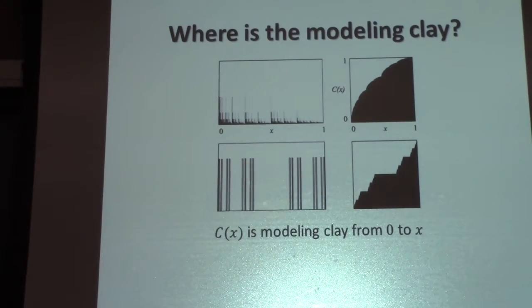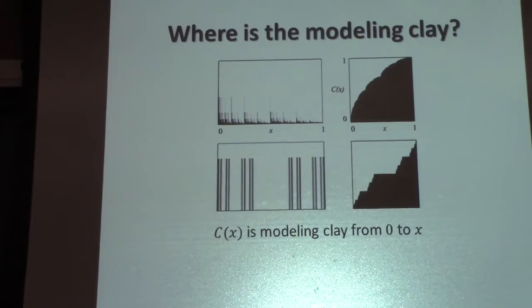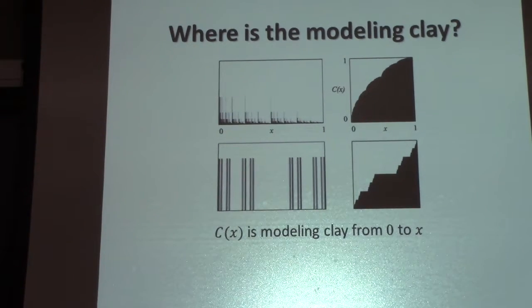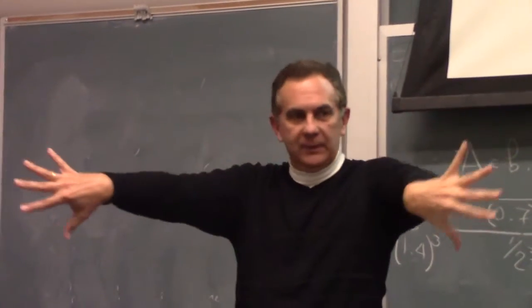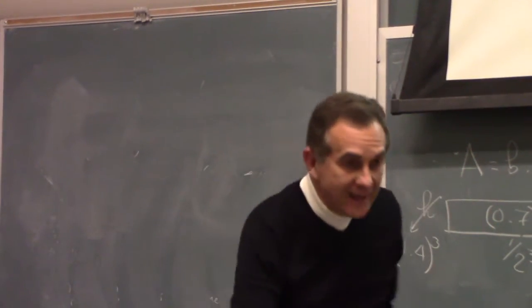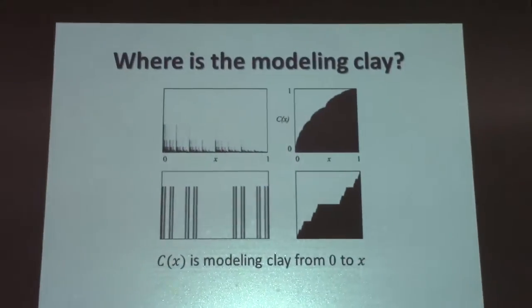Now, let me ask you the question again. The finger is at the beginning of this, and the dot is here. How much modeling clay is there from the beginning to the dot? Come on, you're being recorded. You should know the answer. Half. Yeah, it is half. Why? Because the second game was I cut by the middle, so I placed the dot in this gap, in this hole.